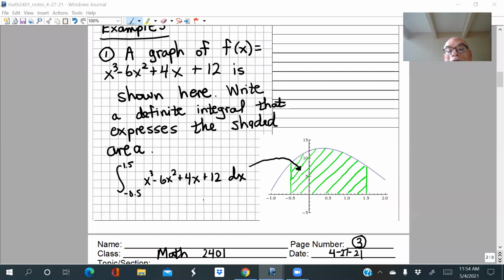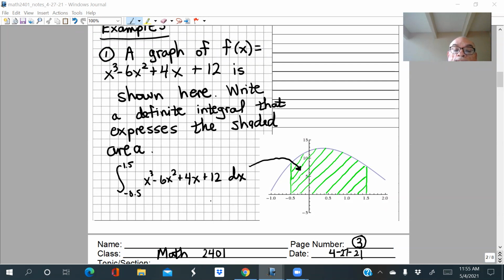And suppose we wrote down this definite integral, putting this formula for the function f as the integrand, and then these limits of integration, minus 0.5 and 1.5.